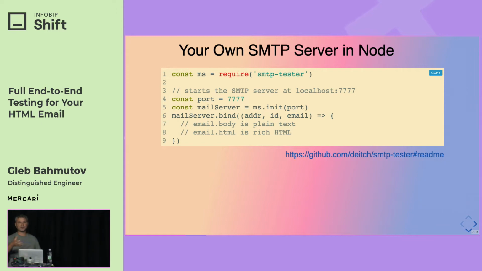Now, if you want to receive an email, especially during testing, the simplest thing is to spin up your own SMTP tester server. Look how simple it is. You just start it locally, you bind to an event, and every email that arrives to that address, you can get.